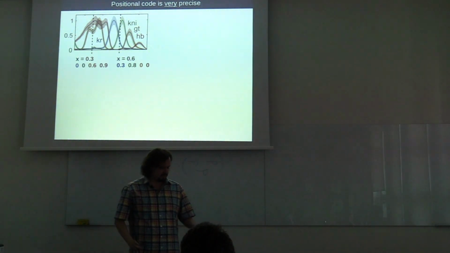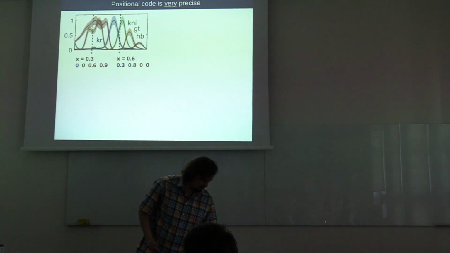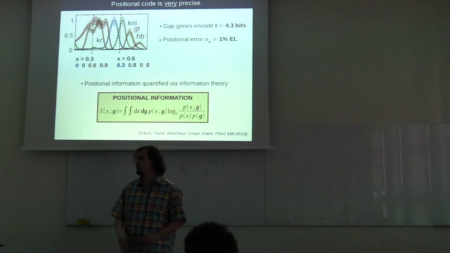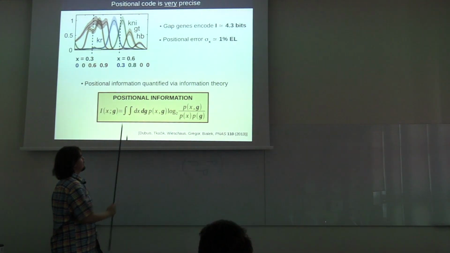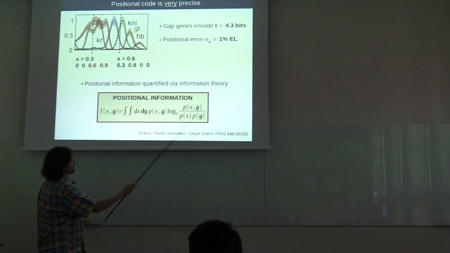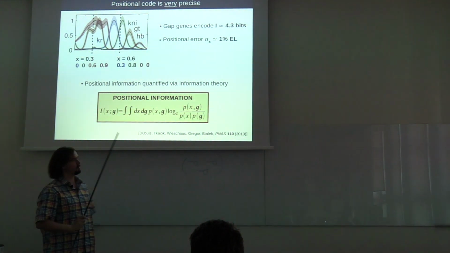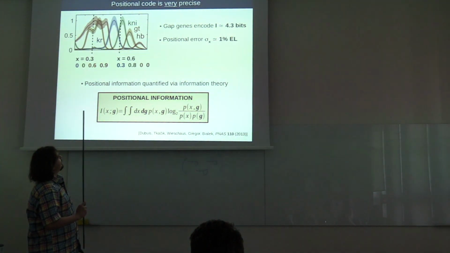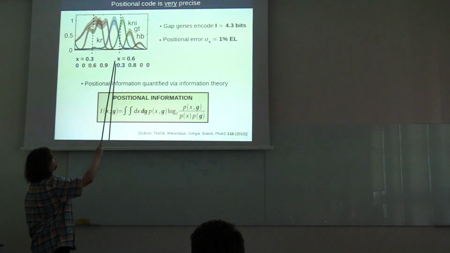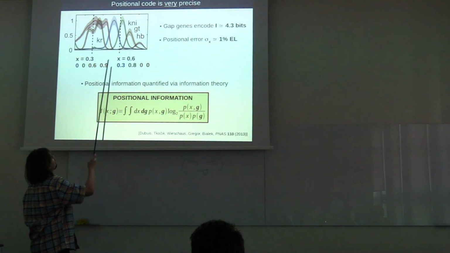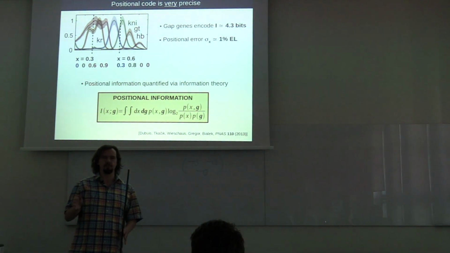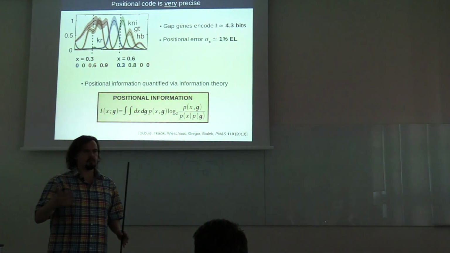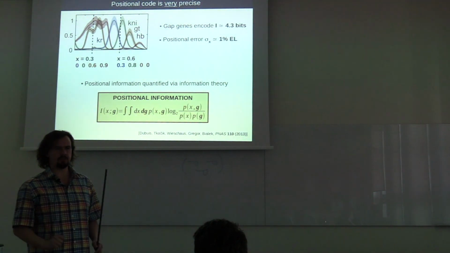Now, if you take that perspective, you can use information theory, but in particular, you can define something that we call positional information. You can formalize positional information using a standard measure from information theory, which is called mutual information, given that you know the joint distribution between these inferred positions and the concentrations of these 4 genes, which then you can imagine are something like a multivariate Gaussian distribution.